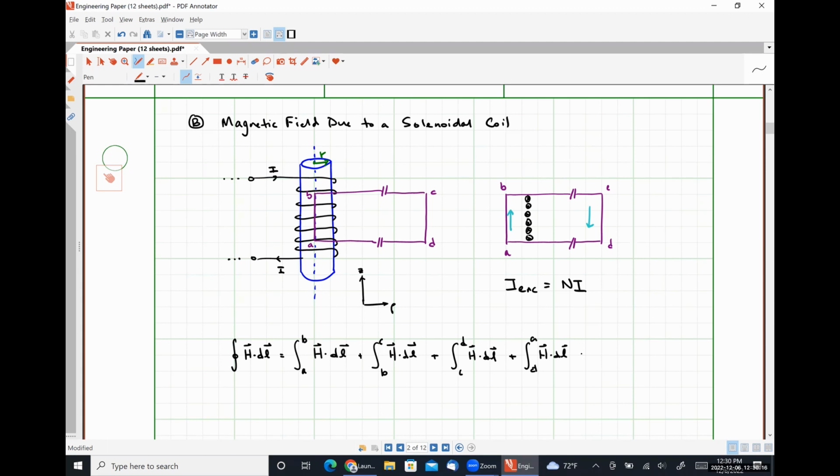And this sum of integrals is going to be equal to our enclosed current, which is n times I.